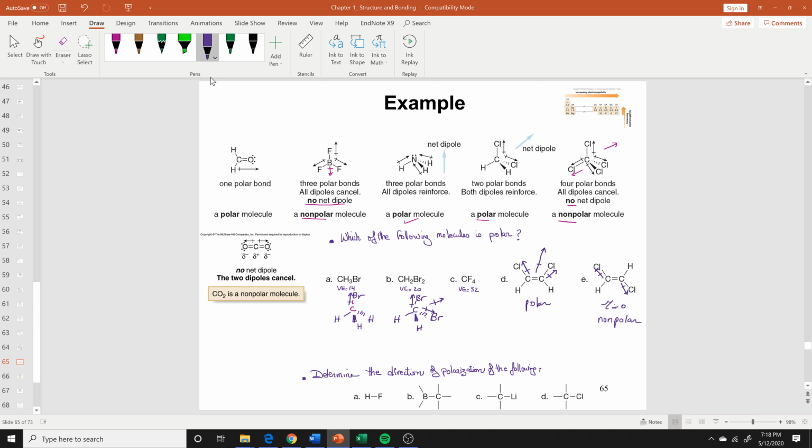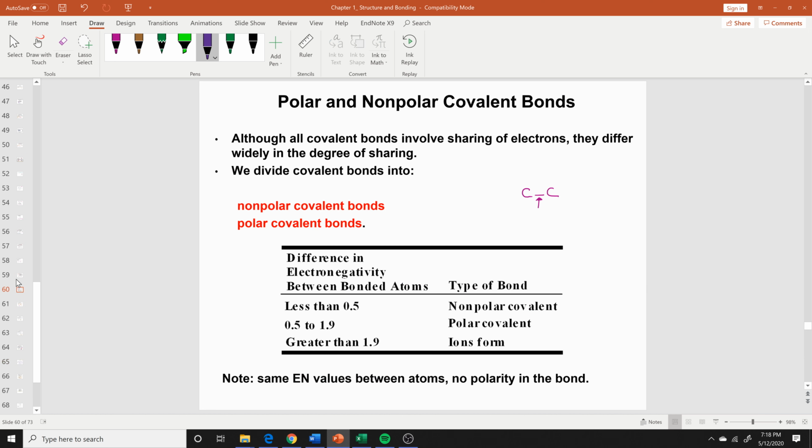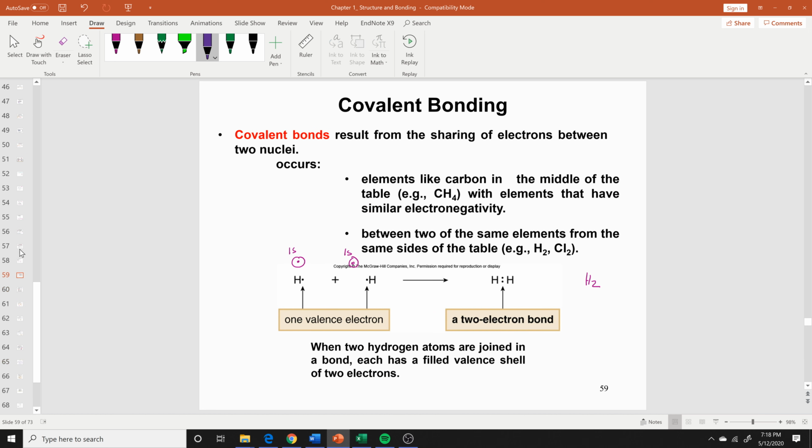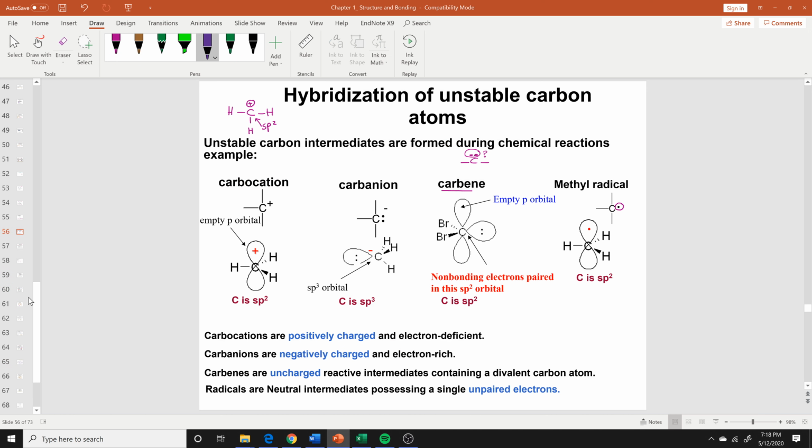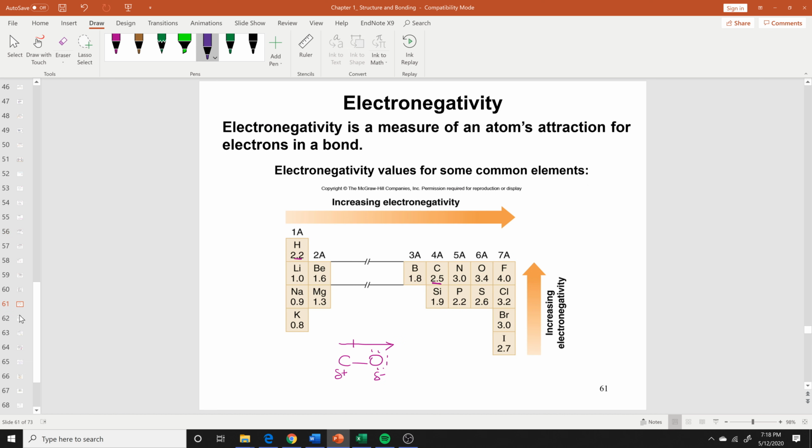Okay. Let's determine the direction of polarization of each one of those. I have hydrogen, fluorine. Fluorine is more electronegative, then this is the direction of polarization. I have boron and carbon. Carbon is more electronegative, so I'm having the direction of polarization towards the carbon. Let me double check in here. I don't think that I have the electronegativity table.